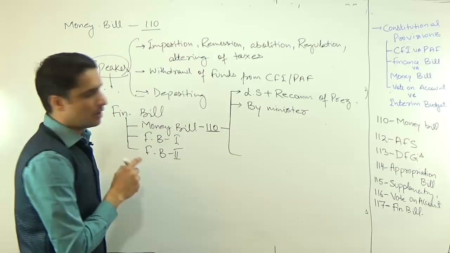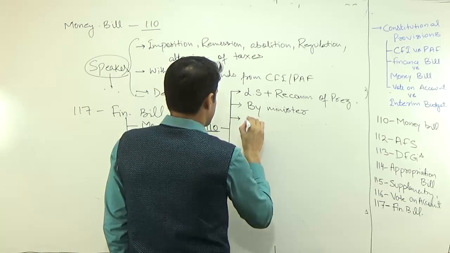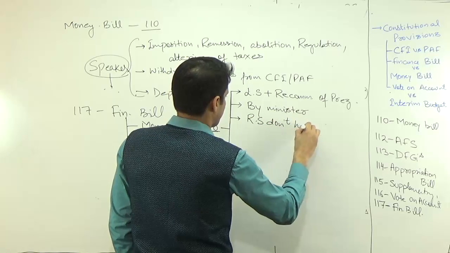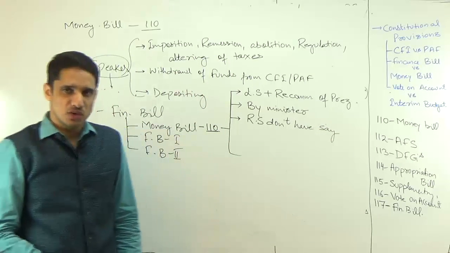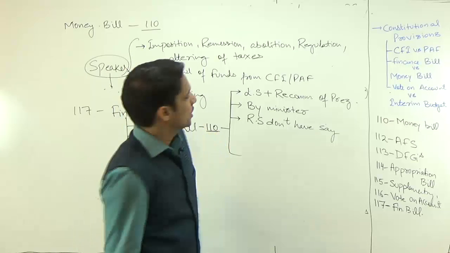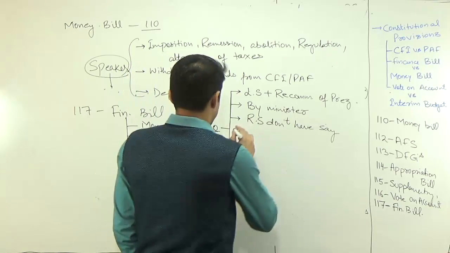Then Rajya Sabha doesn't have much say. They can only suggest something, and it is the discretion of the Lok Sabha whether they want to accept the recommendations of the Rajya Sabha or not.